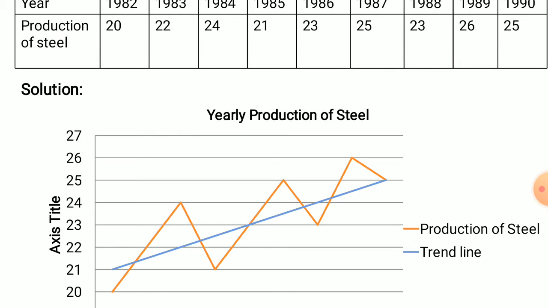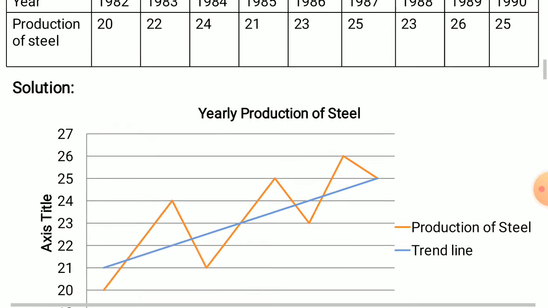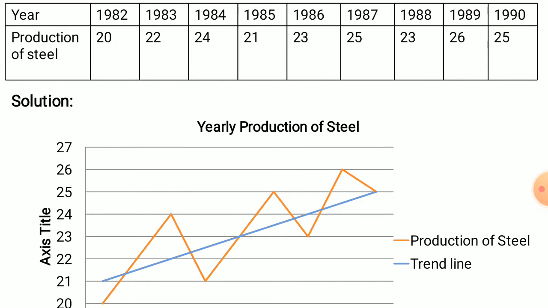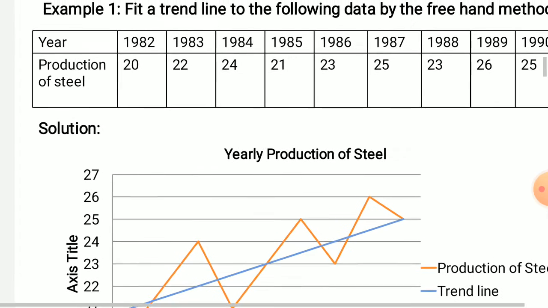The period or time is shown on the horizontal axis, and the values of the other variable, the production of steel, are shown on the vertical axis. Now we have to plot the points of the values of production of steel.